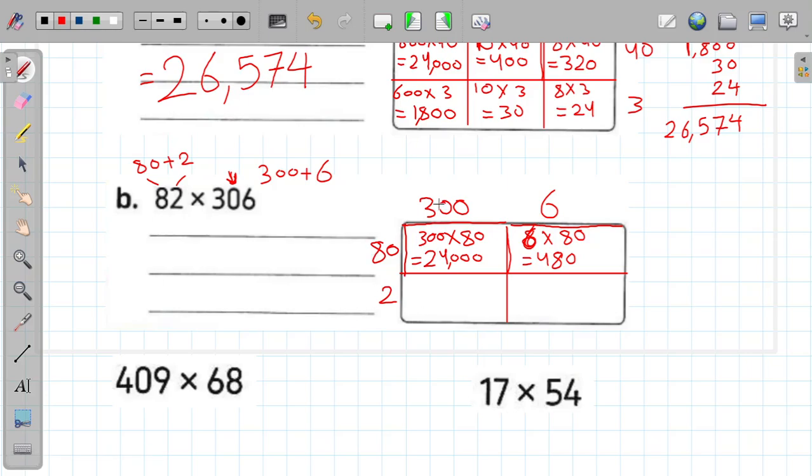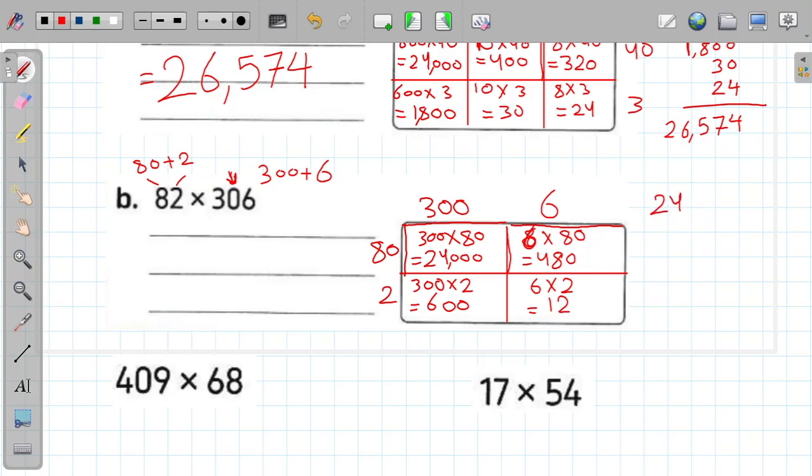300 times 2 equals what? 3 by 2 equals 6, and I have 2 zeros, so it will be 600. And the last one, I have 6 times 2 equals 12. Okay, so let's add all of these numbers.